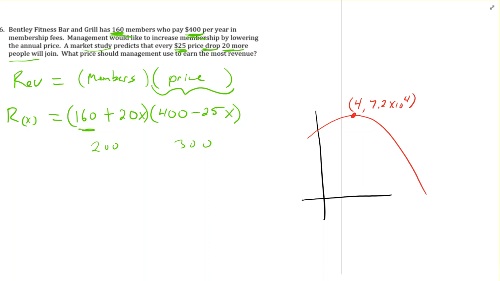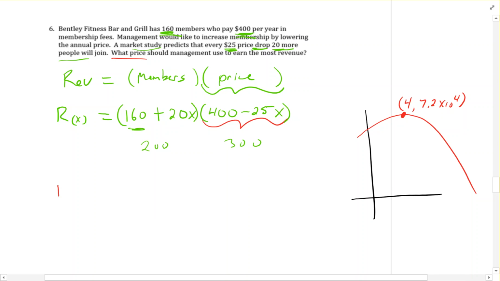Okay, so I kind of sketched that out up here. Now it's asking what price should the management use to earn the most revenue? That's talking about the vertex, right? So all we've got to do is figure out, okay, we want this. Price is going to be equal to 400 minus 25, and in place of X, I'm going to put the X that gave the biggest revenue.